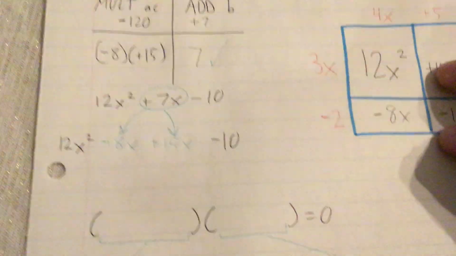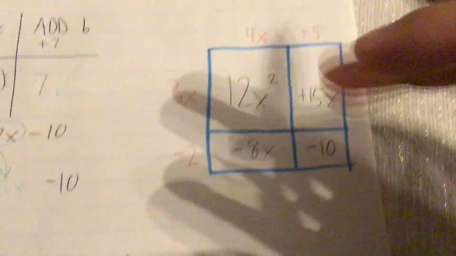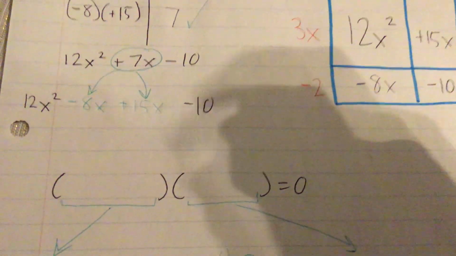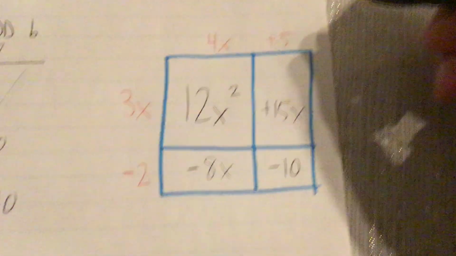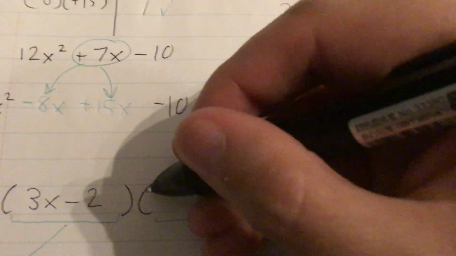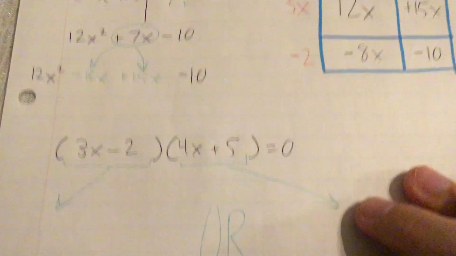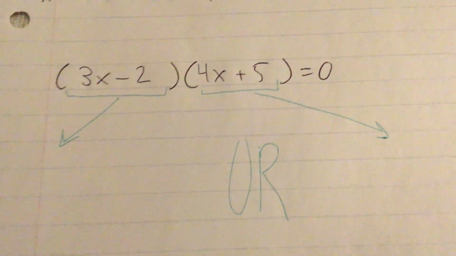So now I'm going to look at these two. Specifically, I factored 3x minus 2 and 4x plus 5, and now it's equal to 0. We've done our job. We factored.